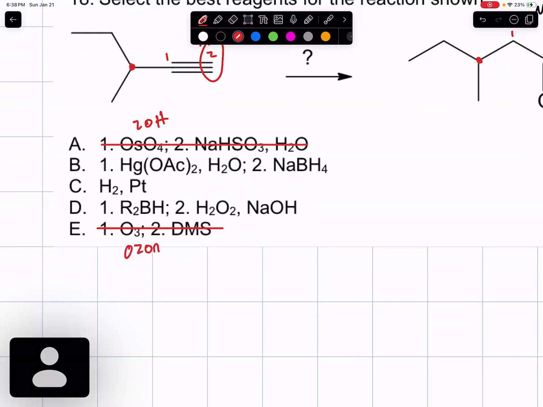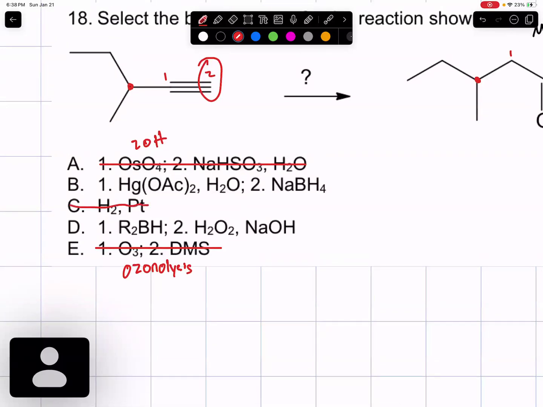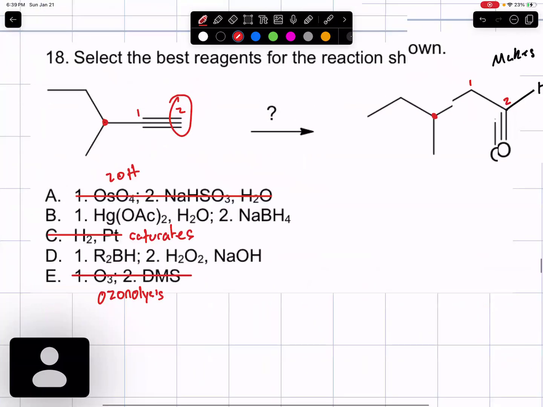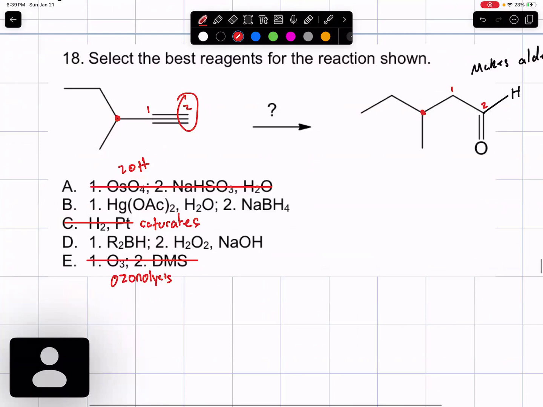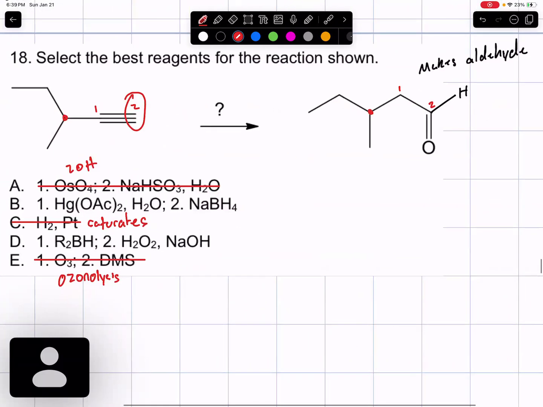That's not what's happening. And this saturates. This wouldn't work either. So we're looking at hydroboration or oxymercuration-demercuration. And because we're going to the least substituted side, position number 2, we're making an aldehyde.